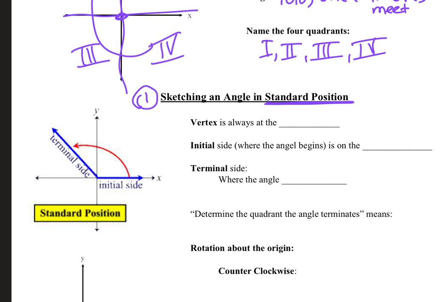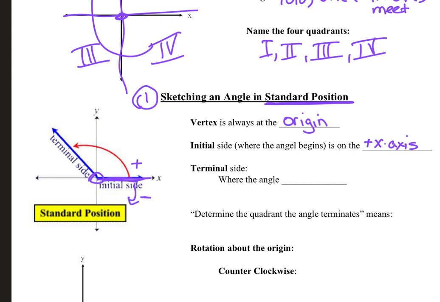The vertex is always at the origin. The initial side is always the positive x-axis. And then we measure going up if it's positive and down if it's negative.